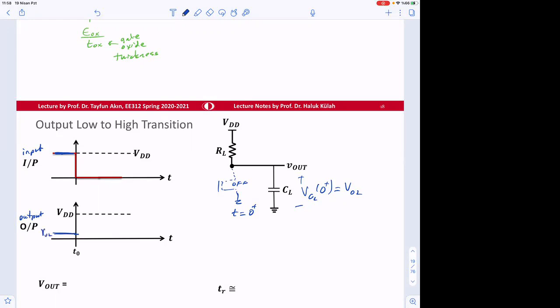So from V output low, this will be charging through VDD. Is that okay? So VCL at infinity will be VDD.